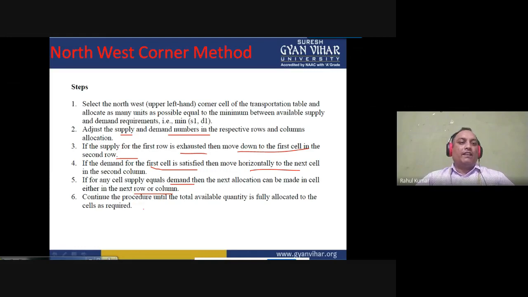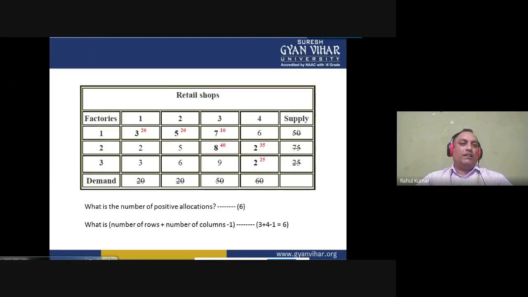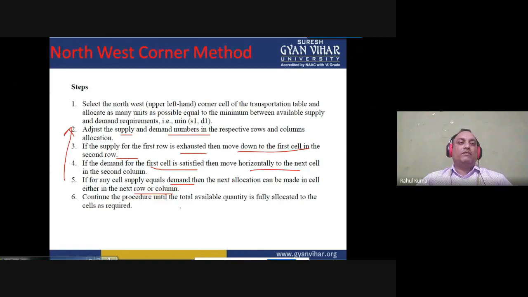Continue the procedure until the total available quantity is fully allocated to the cells as required.